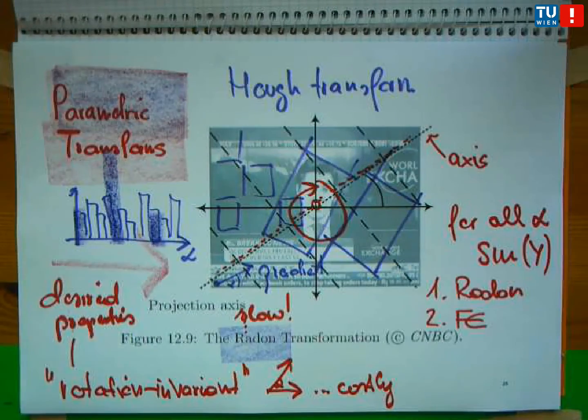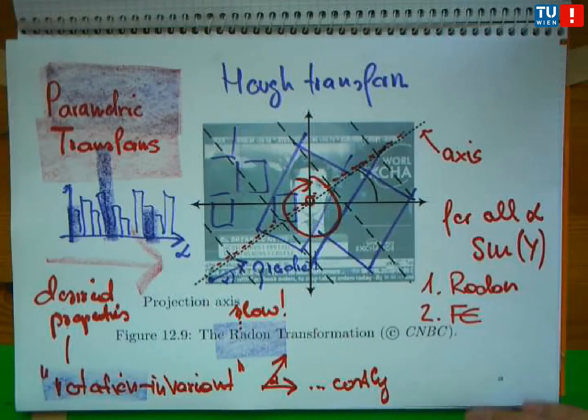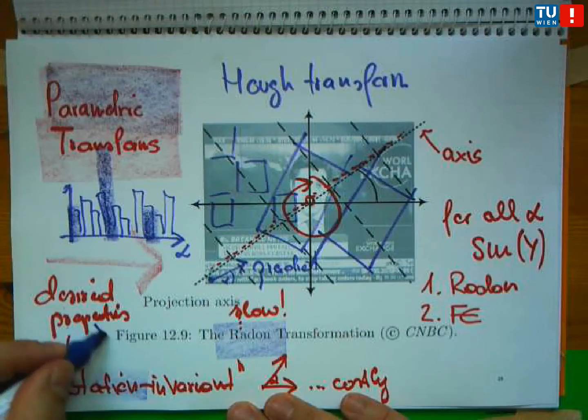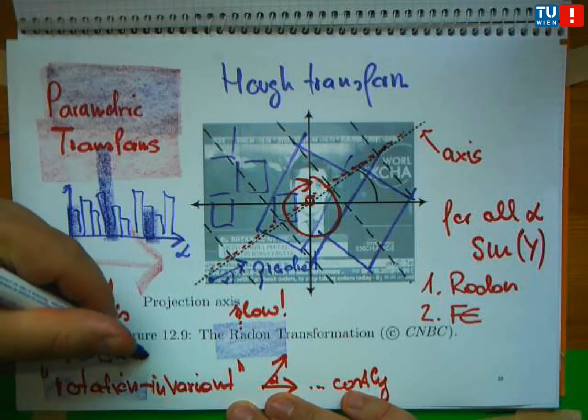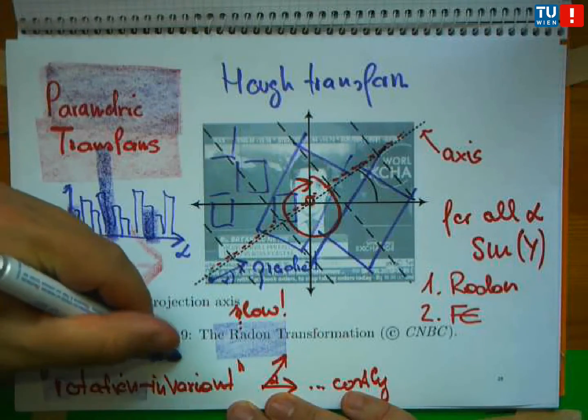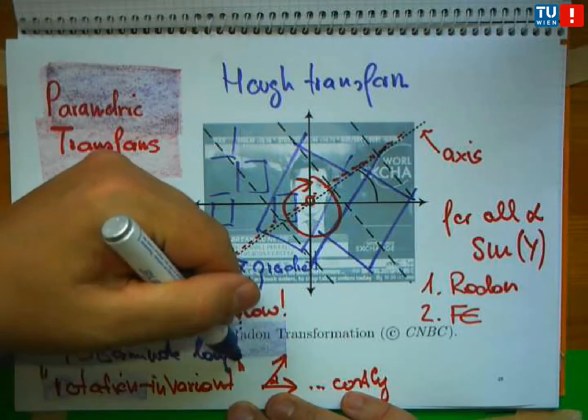It gives you also rotation invariance, but the desired property here is mostly to discriminate long edges.